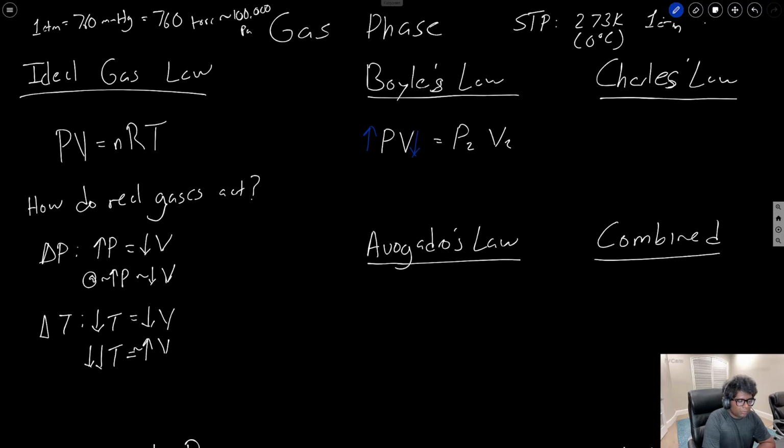Because you want to maintain the equilibrium here. So with that being said, let's move on to Charles' law, which is V1 over T1 equals V2 over T2. Now, if you increase V, what happens to T? You increase it, right? You have to increase it so you can maintain whatever you have going on here.